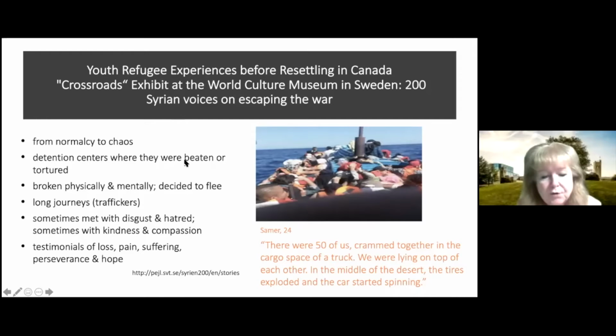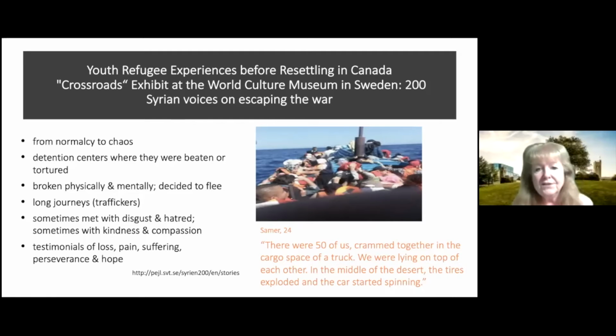And their testimonials speak to loss, pain, suffering, perseverance, and hope. On the right-hand side, you have the testimonial of Summer, who describes being 50 people crammed together in the cargo space of a truck, lying on top of each other with explosions all around.